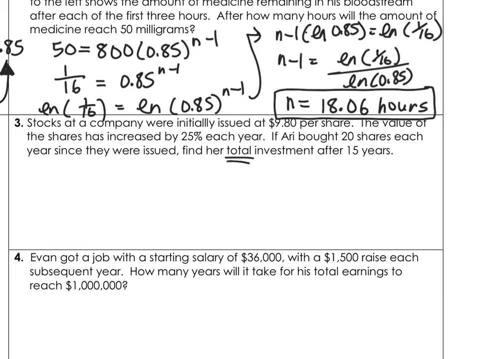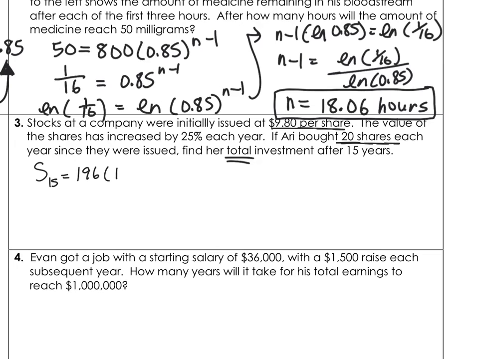Okay, so let's see. The total investment for 15 years would be your first term. What is our first term? Let's see, it's $9.80 per share, and she bought 20 shares. So 20 times 9.80, that was 196.